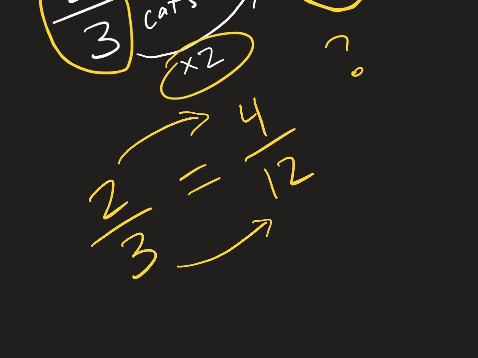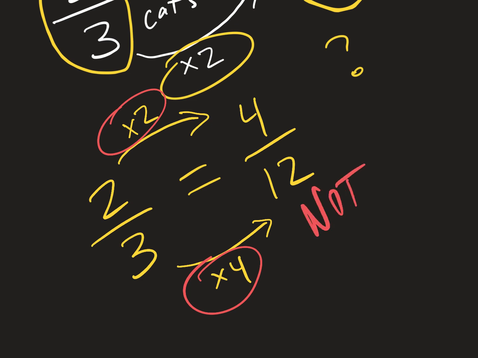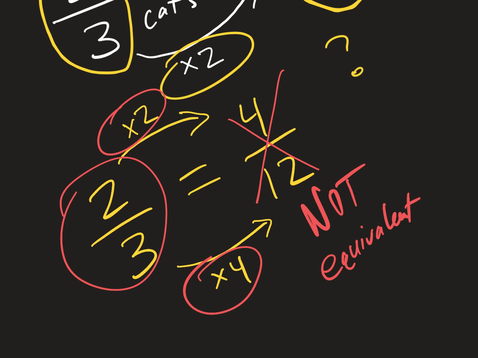So from 2 to 4 is times 2. From 3 to 12 is times 4. And so because these numbers are not the same, I would say this is not equivalent. Okay, so this ratio is not equivalent to this because the number I multiplied by is different.